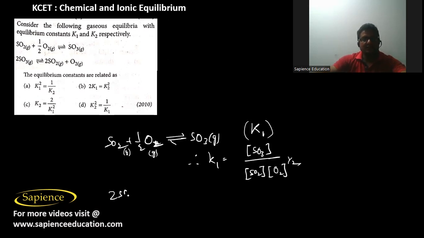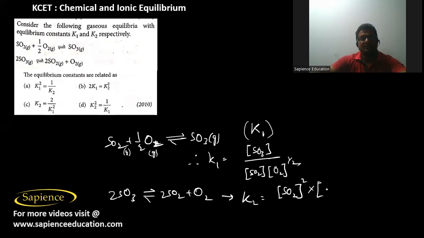And then 2SO3 gives 2SO2 plus O2. So here the equilibrium constant is K2. So this K2 I can write as concentration of SO2 whole square into concentration of O2 divided by concentration of SO3 whole square.